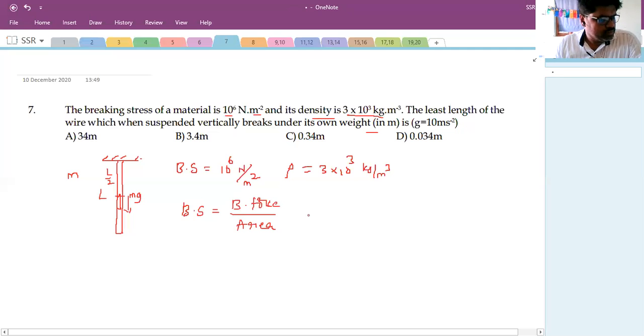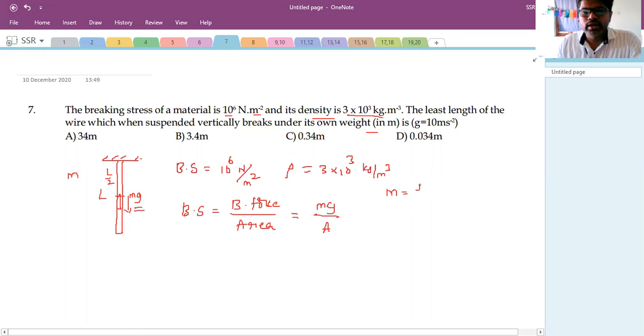Okay, that is one thing. Then actually what we need to calculate? So here what is given? Breaking stress is given, density is given. The length we have to calculate. So breaking force means, you can say, weight only, mg. So that is equal to mg by A, area of cross section. This mg how to write?